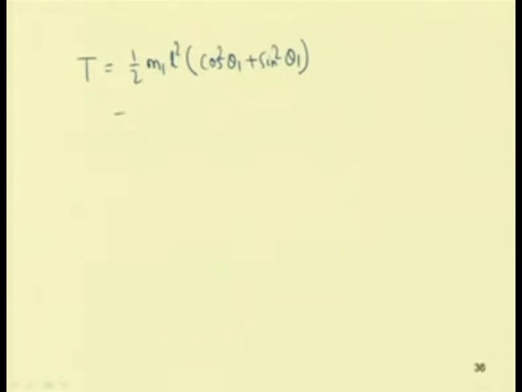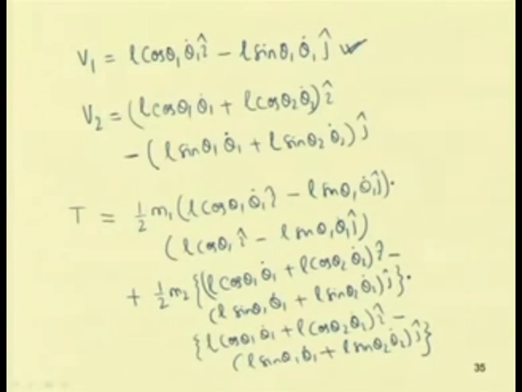Then for the second mass it will be equal to half m2 L squared. One can have this cos squared theta 1 dot squared from the i component, multiplied i with i, then cos squared theta 2 dot squared plus 2 cos theta 1 cos theta 2, so the product of these two terms also will be there.